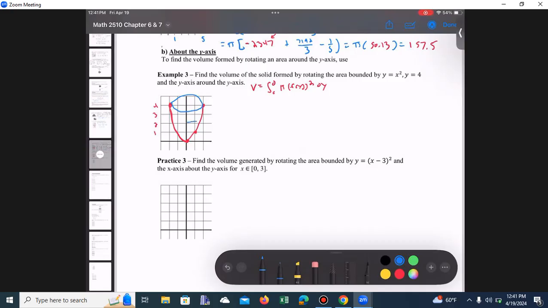So our radius goes from the axis to f of y, and so we'll solve this for x. So x is square root of y. So we can rewrite this volume as integral pi square root of y squared dy. And along the y's, we are adding these horizontal disks up from 0 to 4.